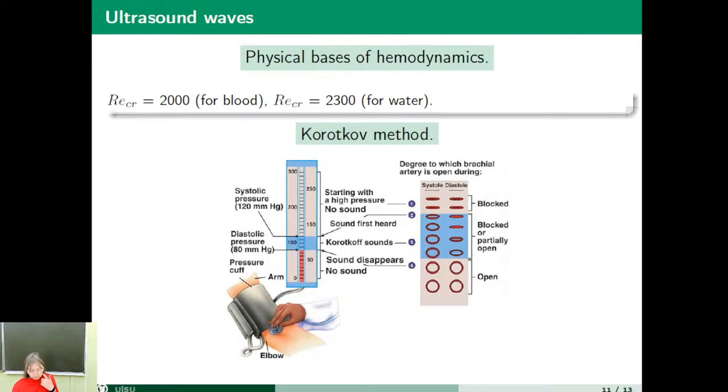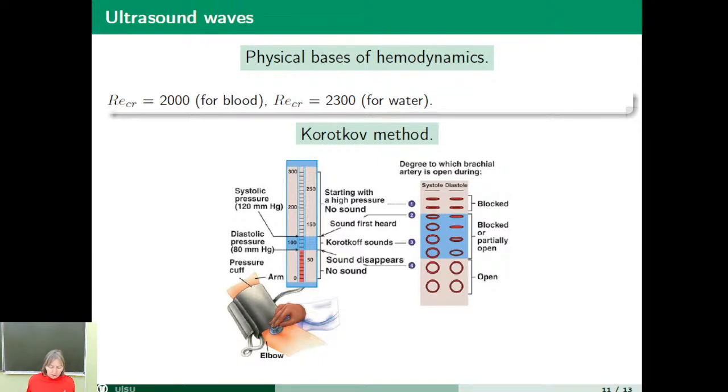And the Reynolds number for blood is 2000, and the critical Reynolds number for water is 2300. It's for water.